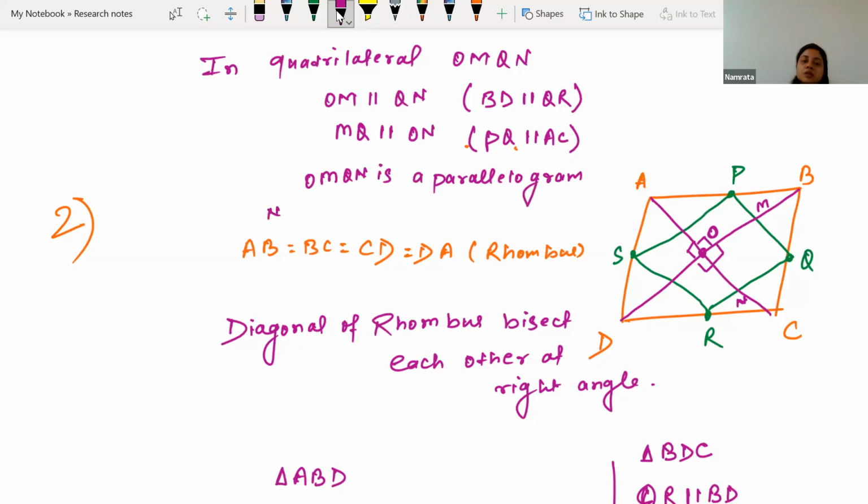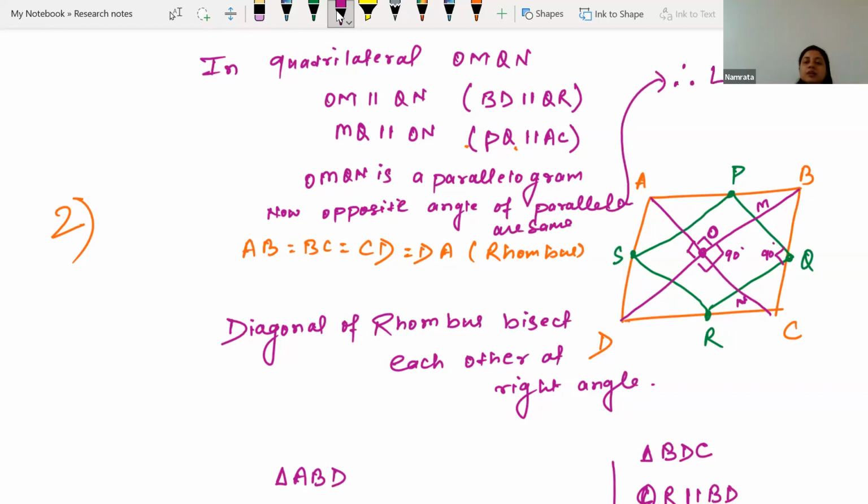Now, opposite angles of a parallelogram are the same, right? Yes or no? Yes, ma'am. That is a property: if we have a parallelogram, opposite angles will also be the same. So if this angle is 90, can I say this will also be 90? Yes.